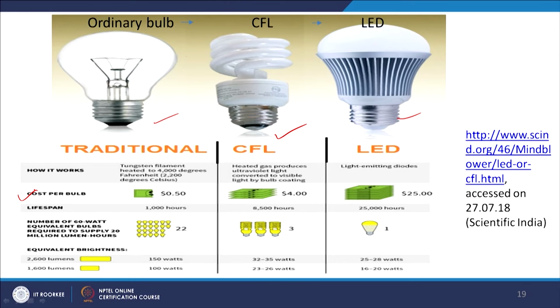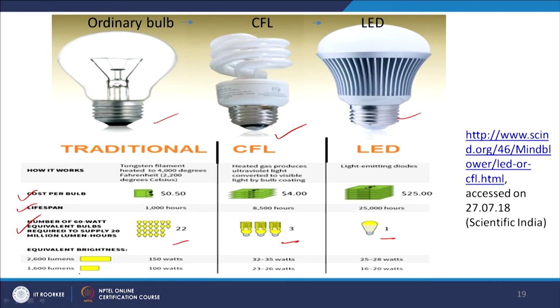We also see that to give the same intensity of light, a different number of bulbs are required, and their lifespan is also different. So, to get the same amount of light intensity, we can use one LED, three CFL, or 22 traditional bulbs.